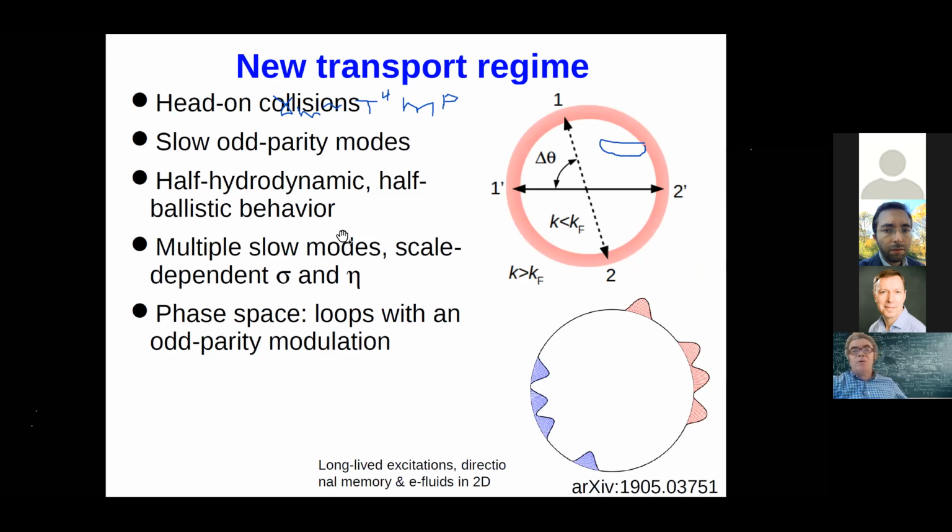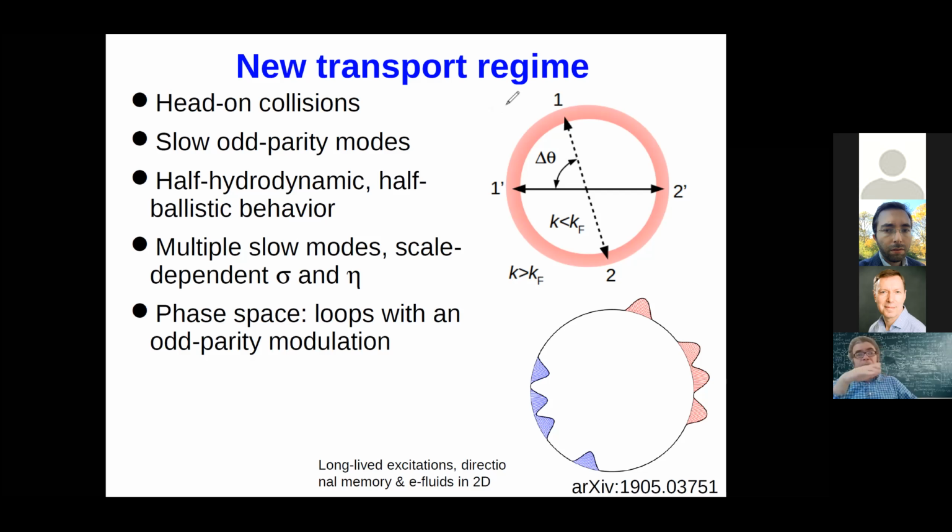So anyway, what we talked about is the new transport regime that you have because of the kinematic constraints in the two-dimensional Fermi gas that makes head-on collisions dominate, and they lead to many slower modes arising due to odd-parity harmonics of the distribution.